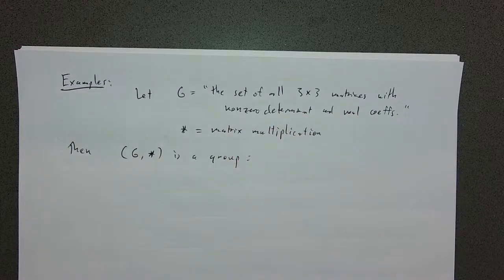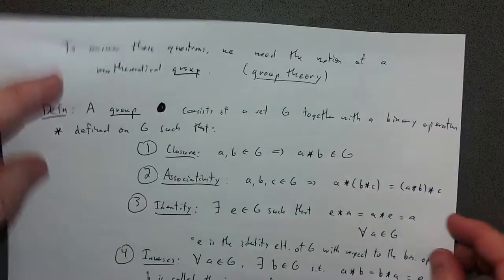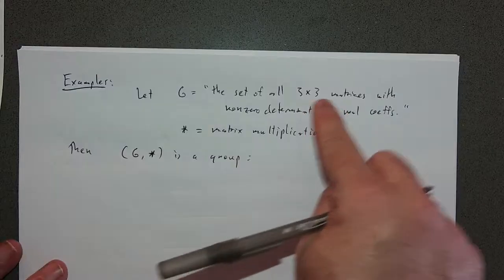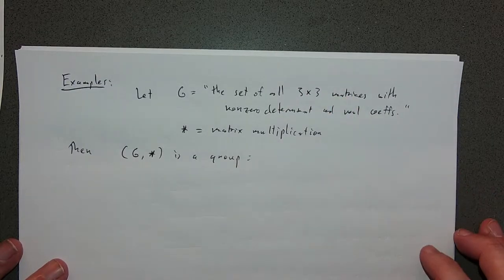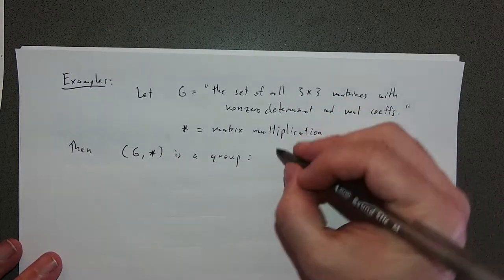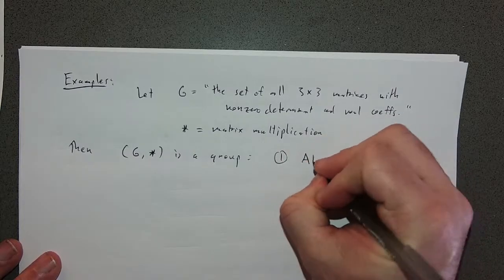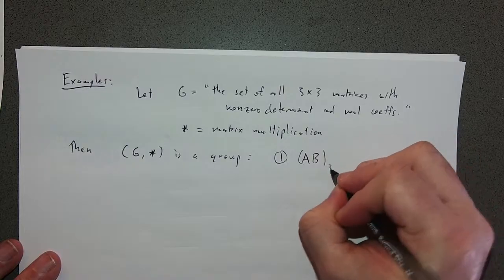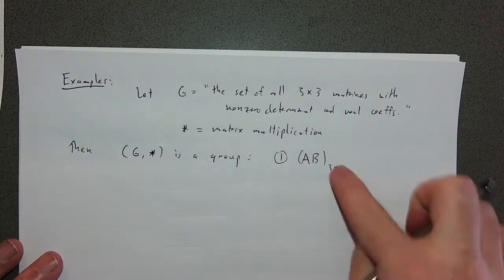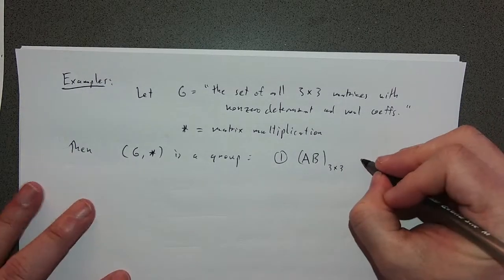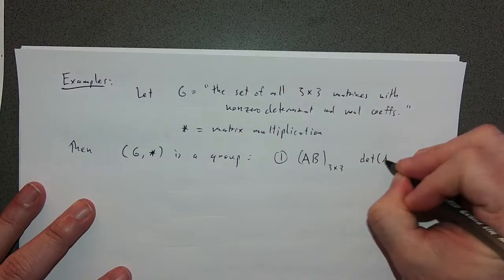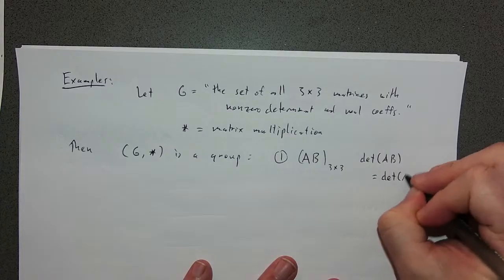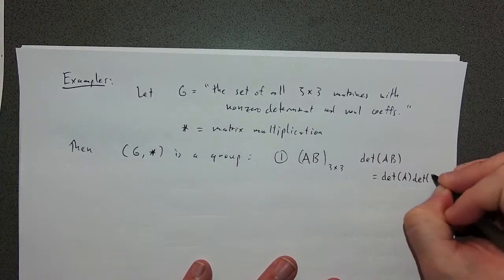Let's just check all of the requirements. Closure. If I have two 3 by 3 matrices with non-zero determinant, and I multiply them together, this is going to be a 3 by 3 matrix with non-zero determinant because, as you might remember, the determinant of a matrix product is the product of determinants. This is one of the most important properties of the determinant.